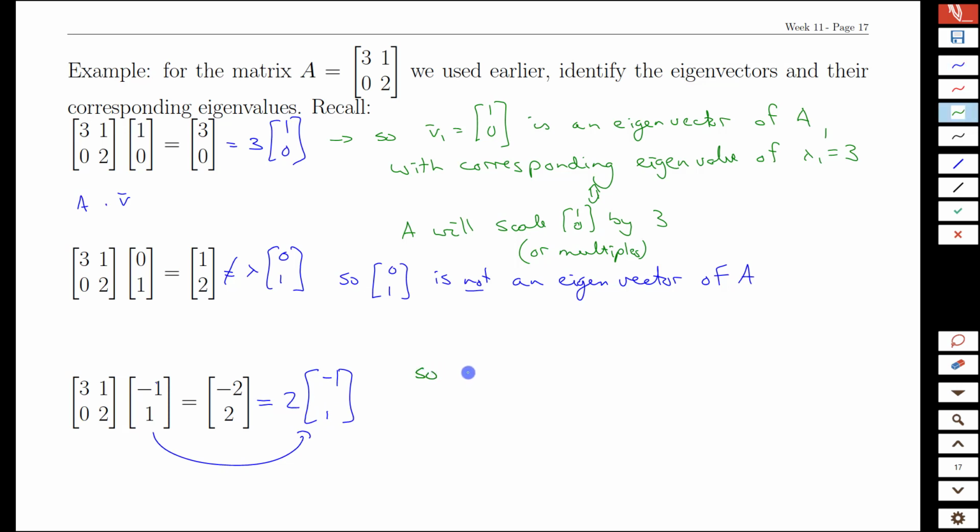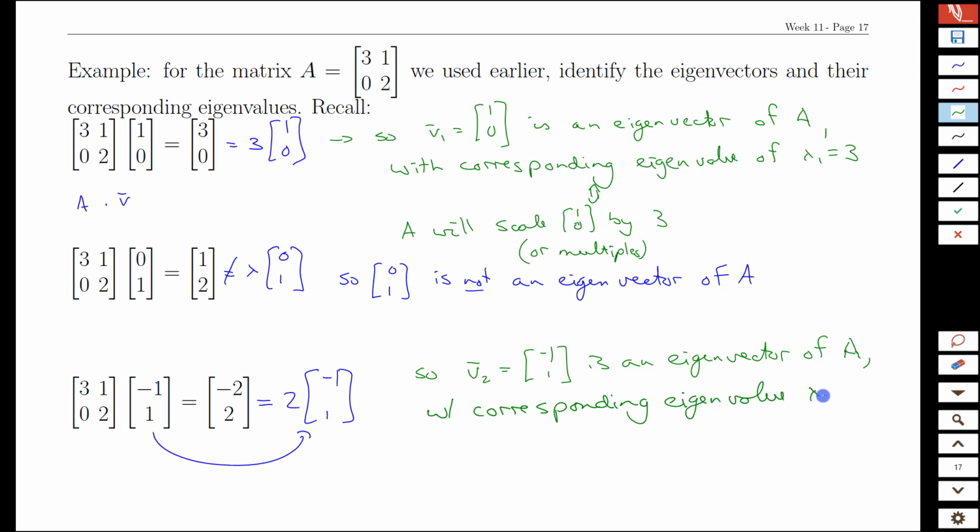And so we'd say here, a second vector that we just found is an eigenvector of A with corresponding eigenvalue lambda 2 equals 2. Or said in another way, this matrix A will scale the vector of negative 1, 1, or any vector parallel to that, and you multiply it by 2 when we do the transformation.